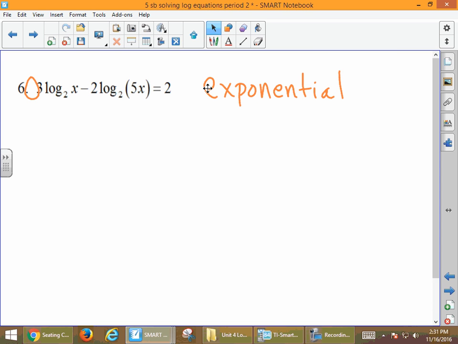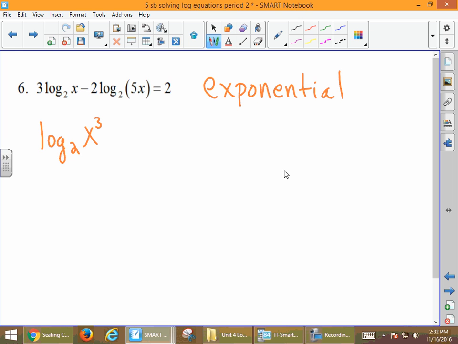So the first thing that we notice is that there's a 3 in front of the logarithm. And when there's a 3 in front of the logarithm, we can rewrite this log as log base 2 of x cubed. We also have a 2 in front of this logarithm, and it is also going to use our power property, which says log base 2 of 5x squared equals 2. Now that was helpful here.